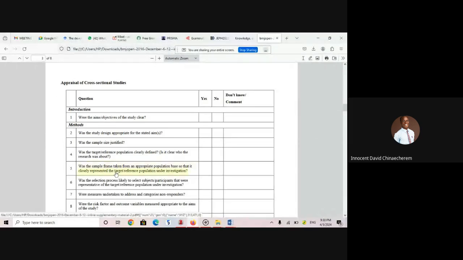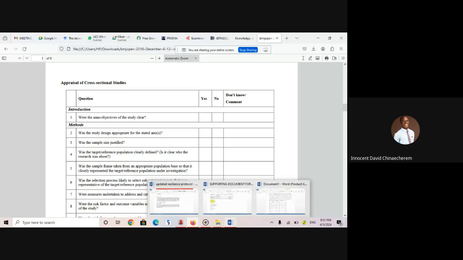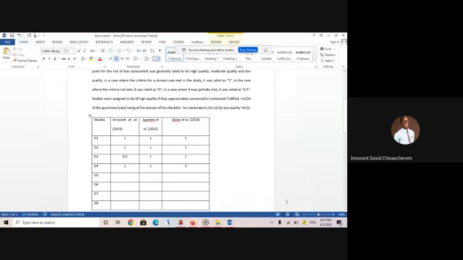But for my study, the Department of Health Studies is what we call a representative of the population. So that means everybody here was represented. In short, I sampled everybody. So what fulfills that criterion for mine is 1.